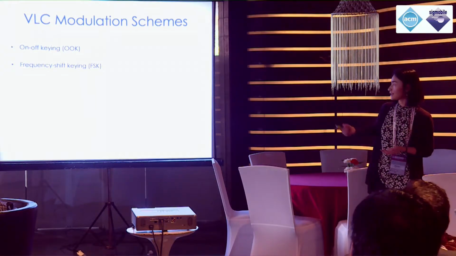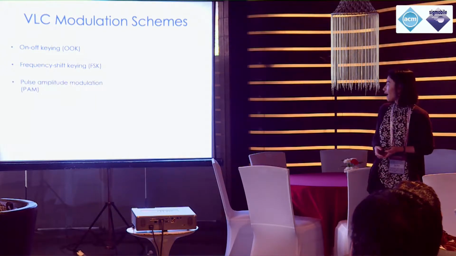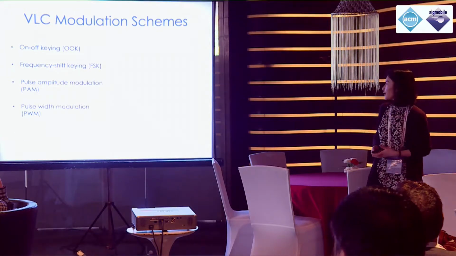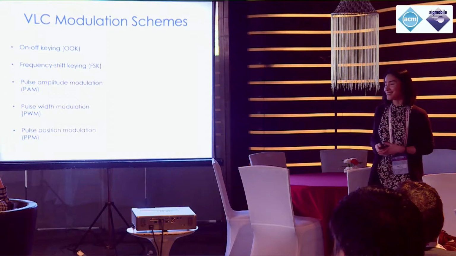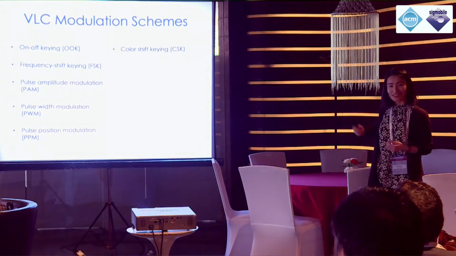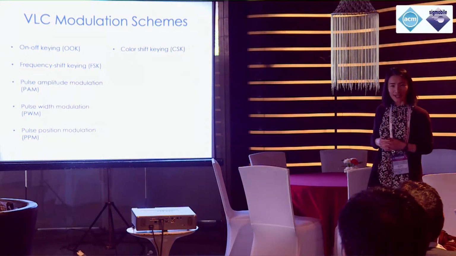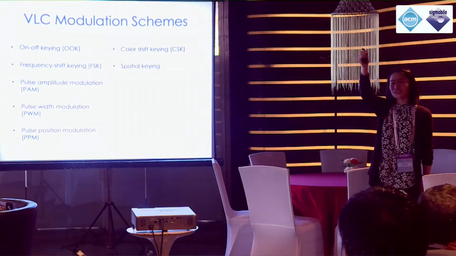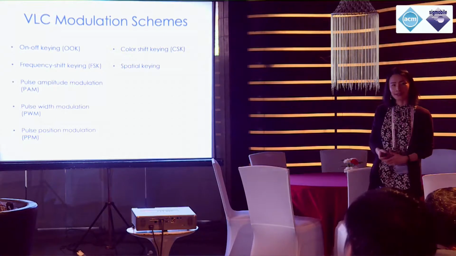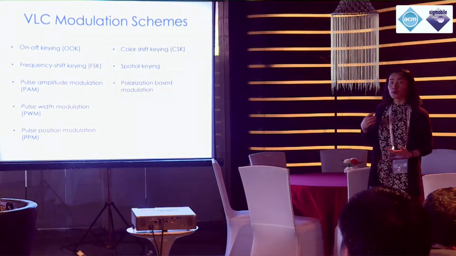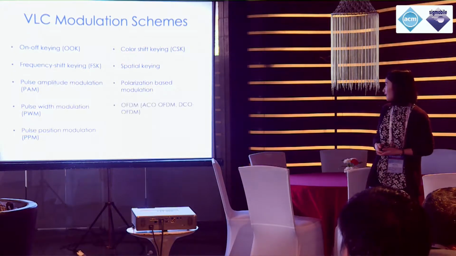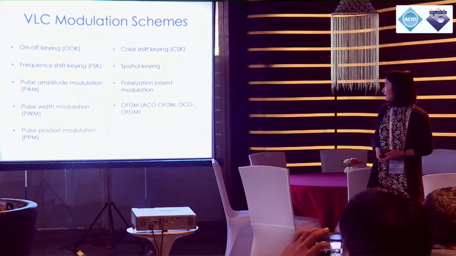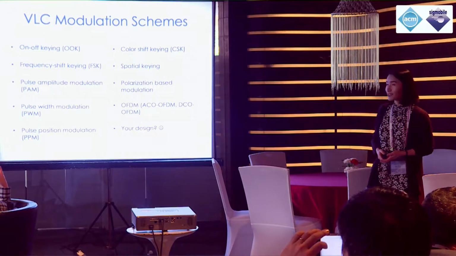Then you have amplitude-based modulation, width-based modulation, position-based, color shift keying using the color to encode data, or spatial keying, meaning the position of the light can encode the bits as well. And you have polarization-based modulation schemes and OFDM, and maybe your design in the future as well.